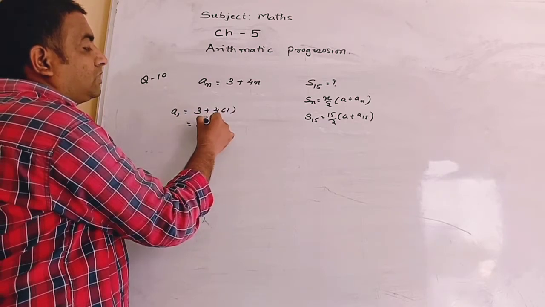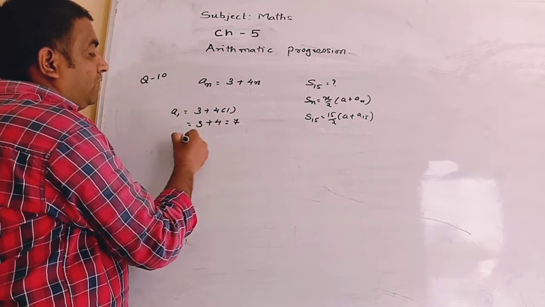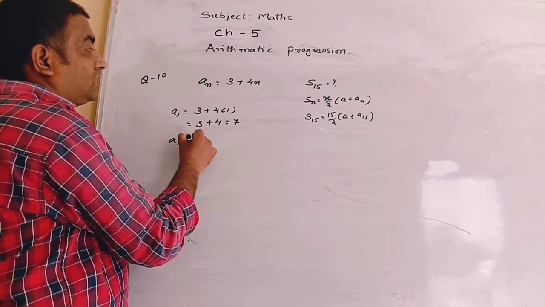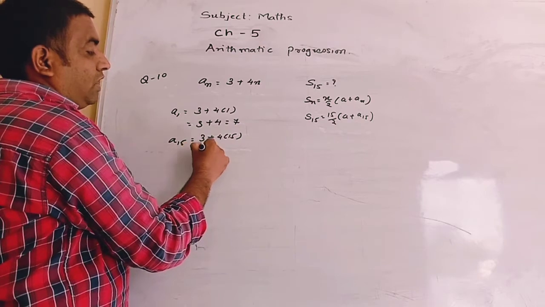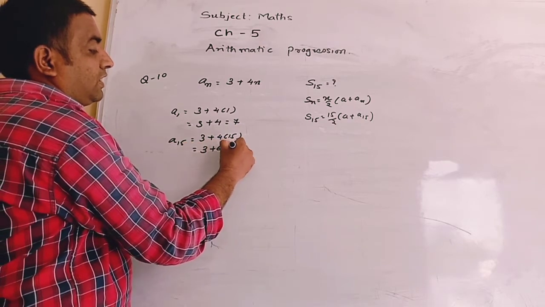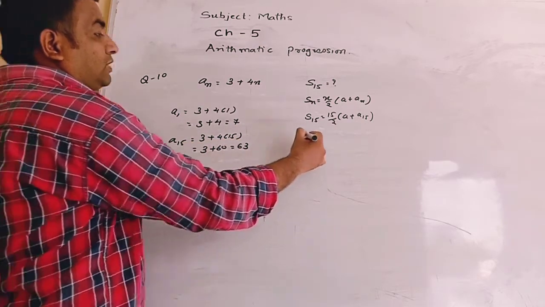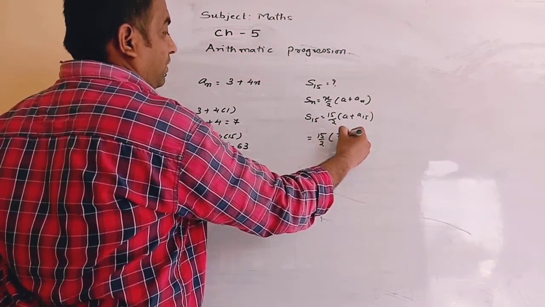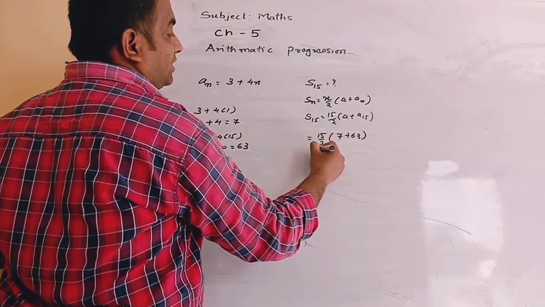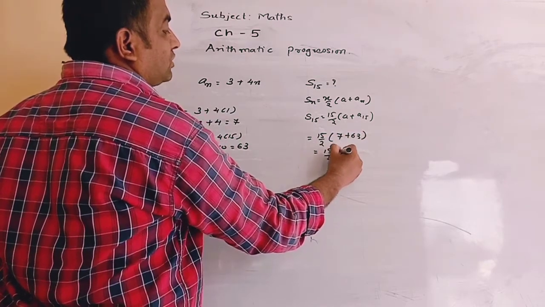So 3 plus 4 is 7, and a15 means 3 plus 4 into 15. So 3 plus 60, that is 63. And so S15 is 15 by 2 into (7 plus 63), that is 15 by 2 into 70.